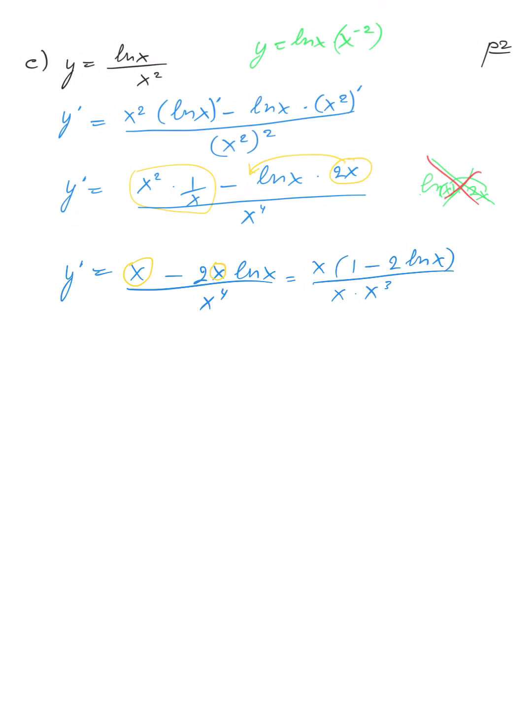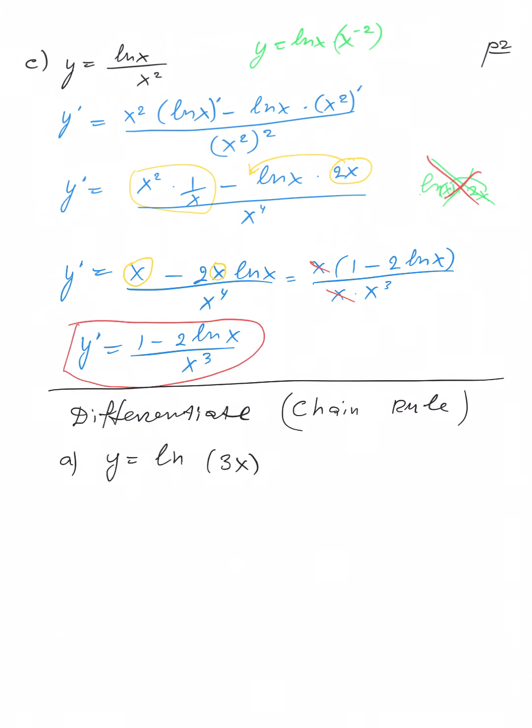As you can see, I can cancel this and this, and my final answer is completely simplified: 1 minus 2 ln of x over x cubed. And that's all for this one. It's our final answer. Let's take a look at the next example.